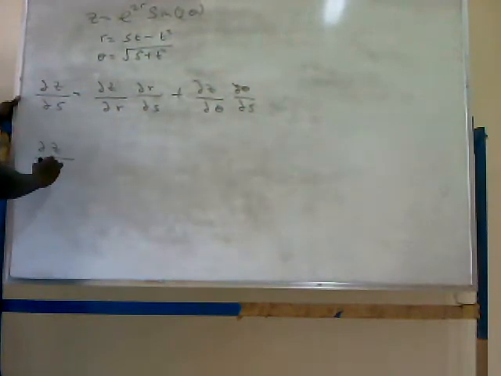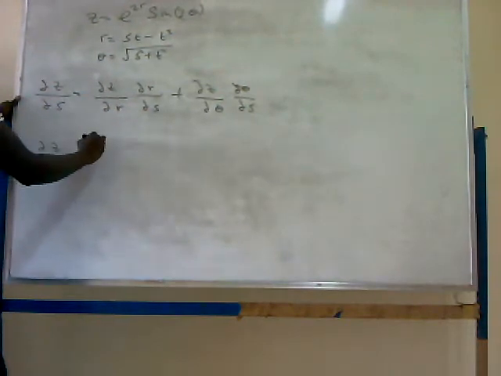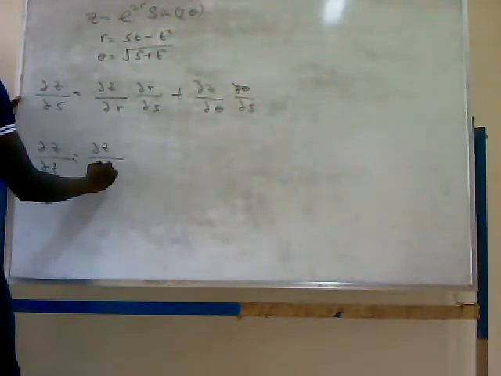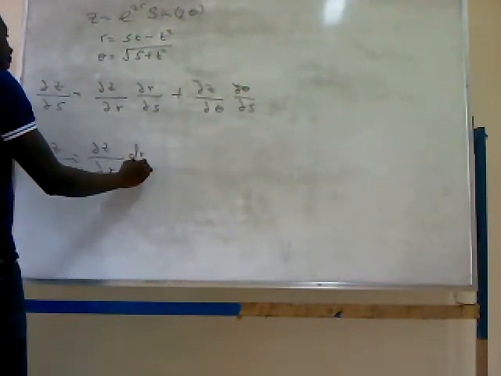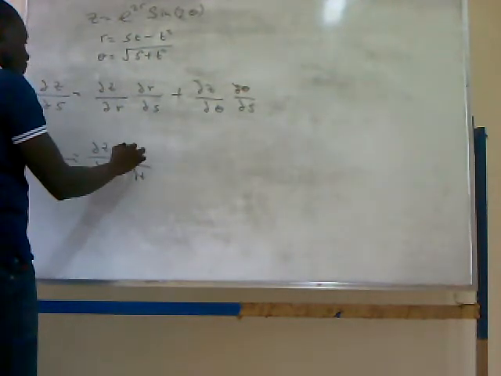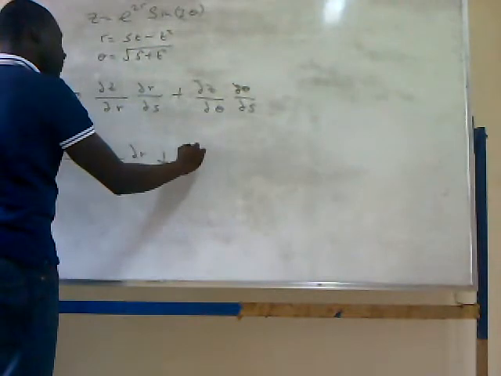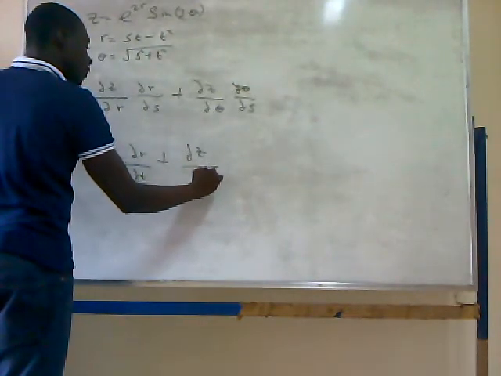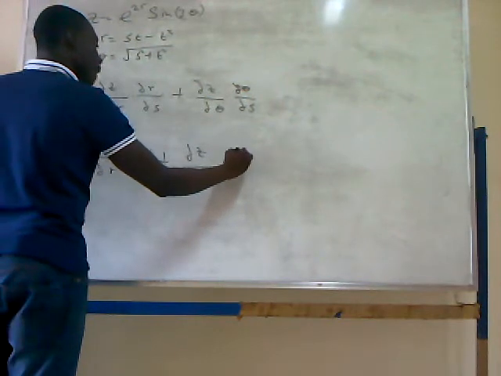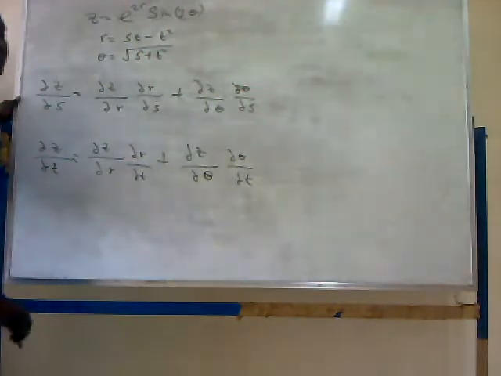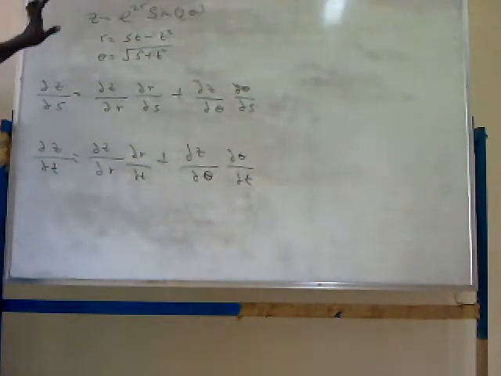This is actually del z del t. We differentiate z with respect to r, differentiate r with respect to t, plus differentiate z with respect to theta and differentiate theta with respect to t. So we compute the differentials there, right? I hope you can see.